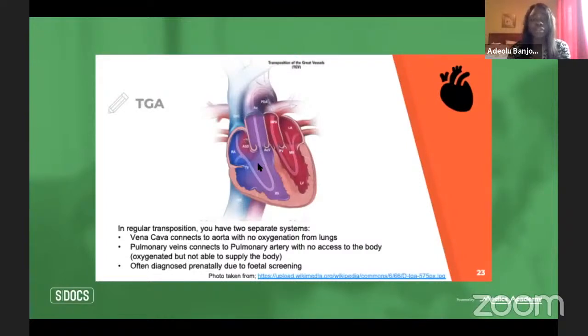That causes deoxygenated blood to flow to the entire body. And then your pulmonary veins connect to your pulmonary artery with no access to your body. So your blood is being oxygenated, but that's not connecting to your body, and the blood that is going to your body is not getting any oxygen. This is often diagnosed prenatally due to fetal screening, so that you're able to intervene as soon as the baby is born.